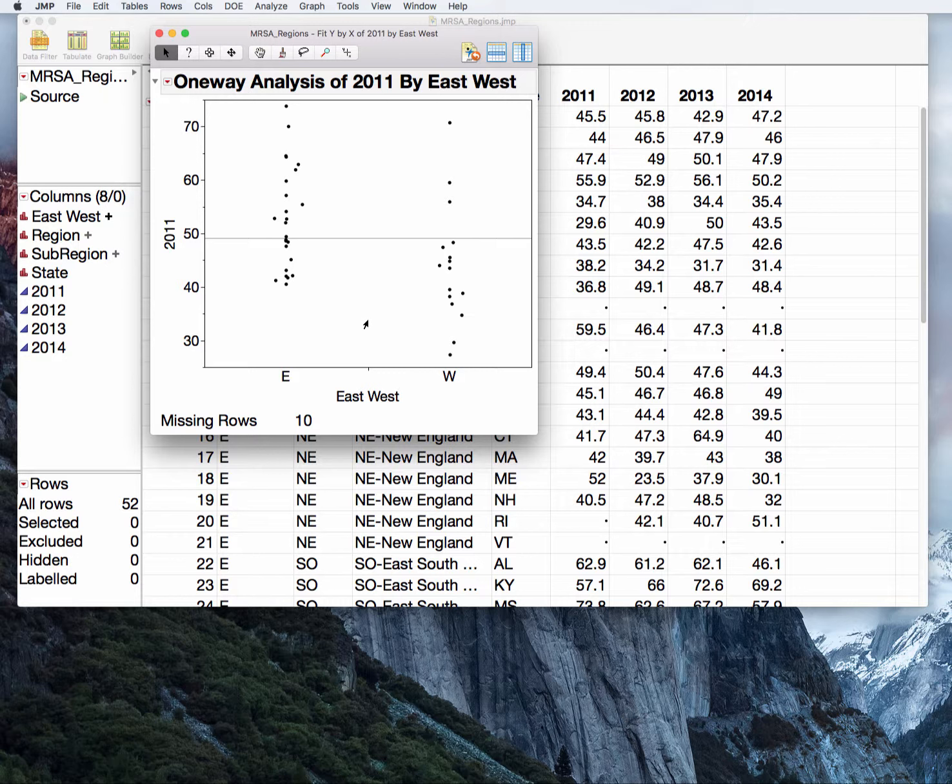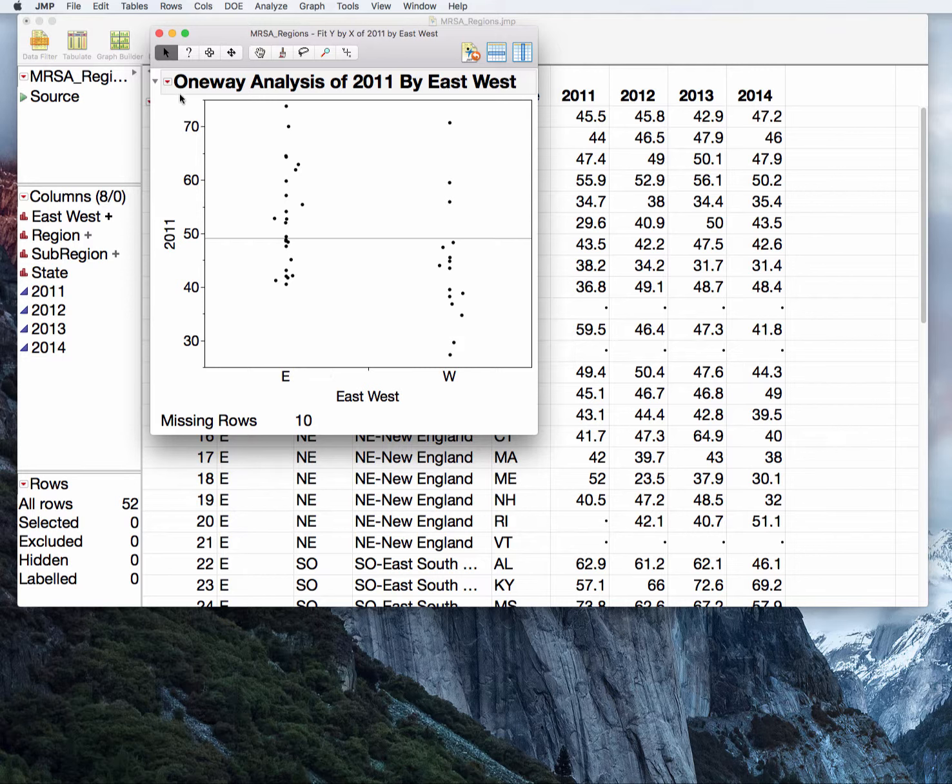There is no rhyme or reason to the amount or distance away from the center on the spread. Essentially, it just pulls out points that were overlapping. You can also see that we have the overall mean bar here. This tells us where the overall mean is for the east versus west for all of 2011.